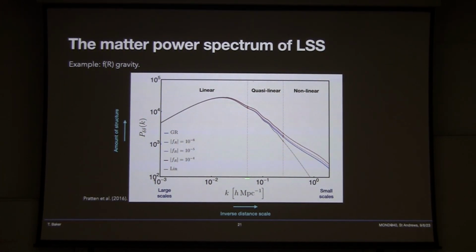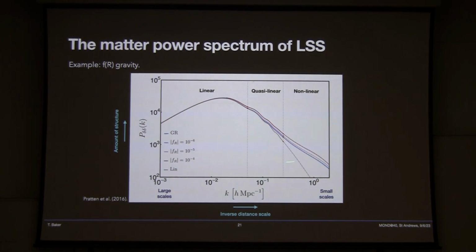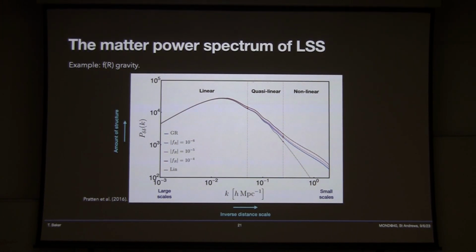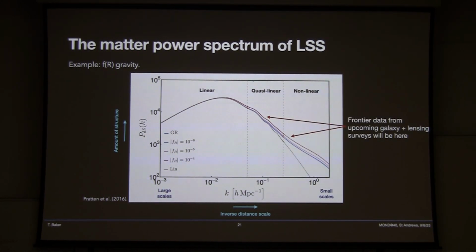And as we go towards smaller and smaller scales, we get into a regime where that perturbation theory breaks down, those density fluctuations are non-linear, and we can no longer calculate things by hand. We have to build numerical simulations to study how structure forms. This is also the regime where the frontier data is coming from. So our next generation galaxy surveys that are starting soon, Euclid, Vera Rubin, really the regime they're pushing into is this small scale regime.